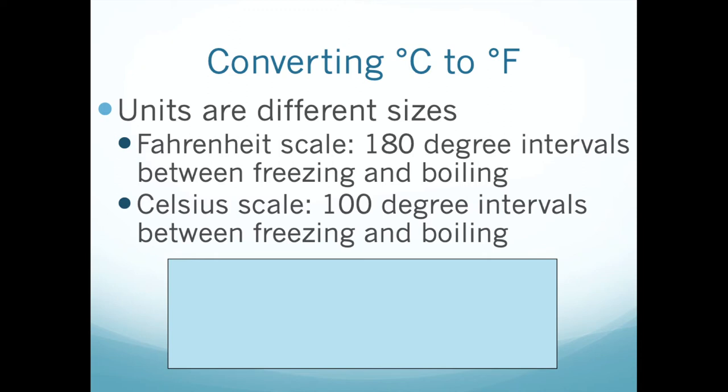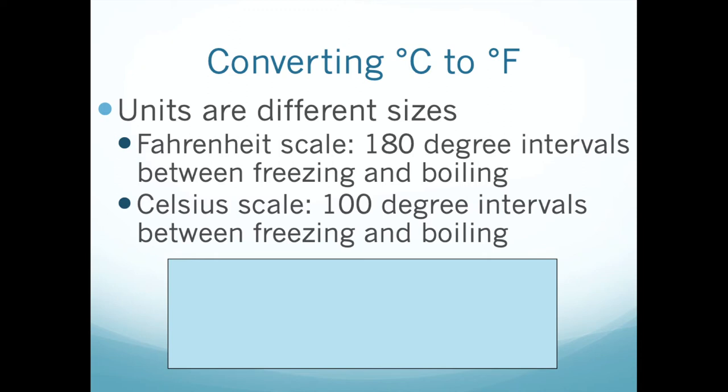You can still measure the temperature at which water freezes and boils using a Fahrenheit thermometer. You'd get really weird numbers. Water, I believe, freezes at 32 degrees Fahrenheit and boils at 212 degrees Fahrenheit. And again, that sounds really arbitrary when you compare it to the 0 and 100 on your Celsius scale. But the point is that we can convert from one to the other quite easily.